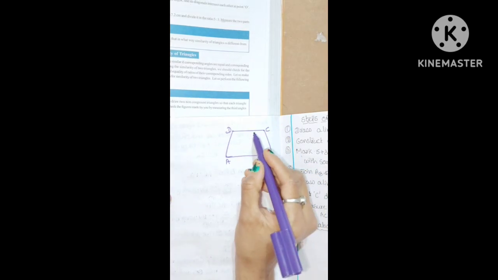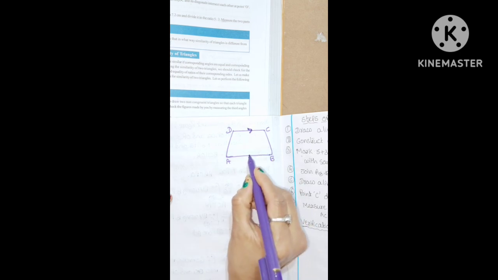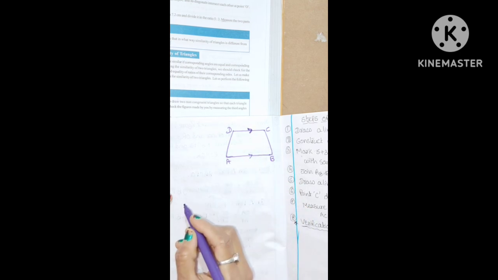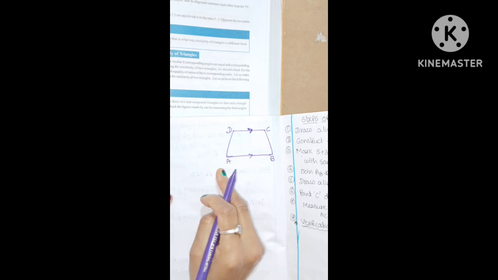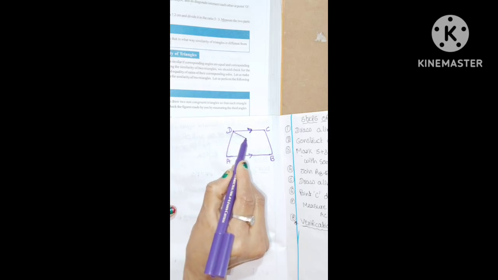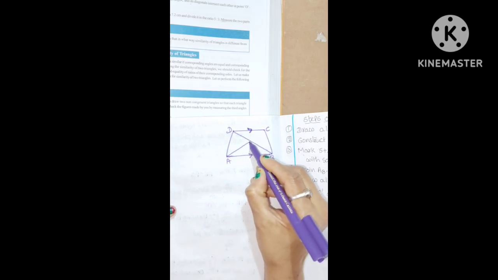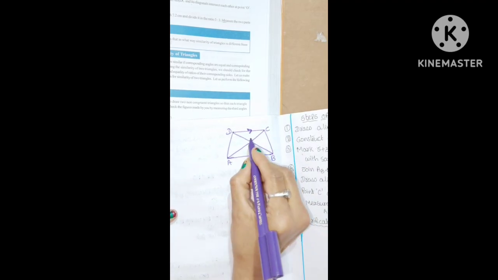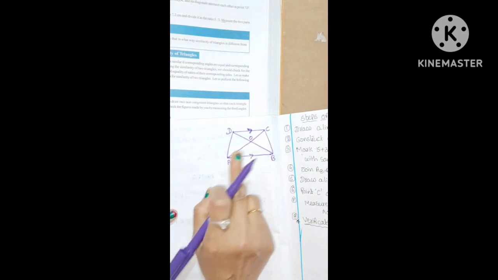We know that one pair of opposite sides is parallel in a trapezium. So that's why this side and this side are parallel. What about the diagonals in a trapezium? We know that diagonals intersect each other at point O. Here this is the O. These two diagonals intersect at point O.